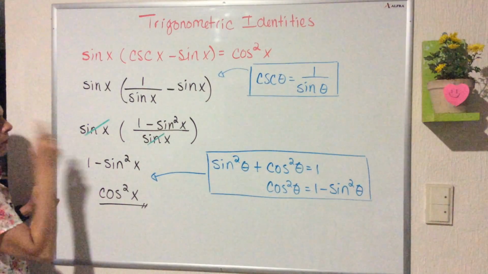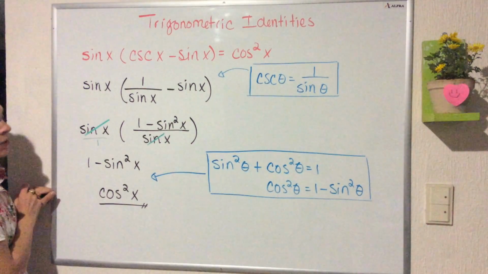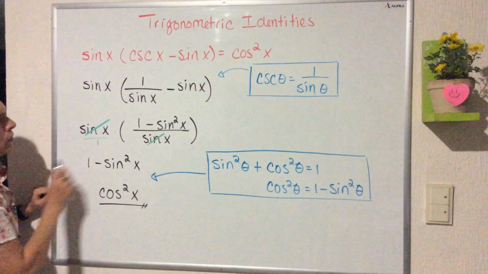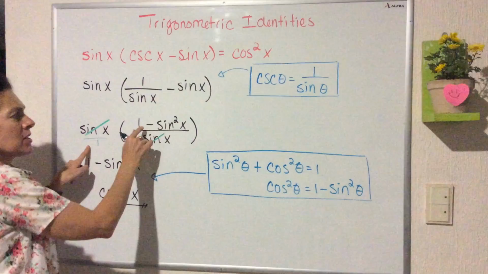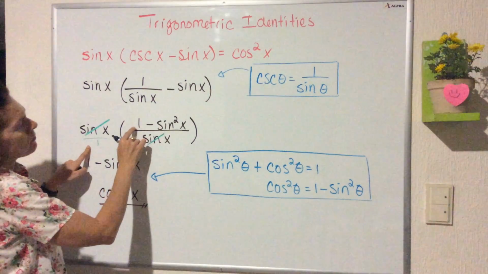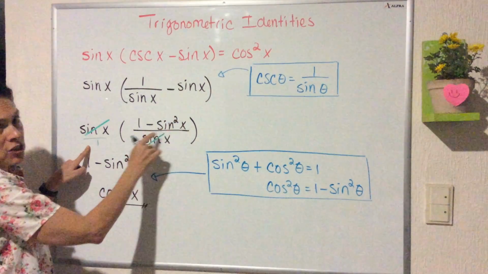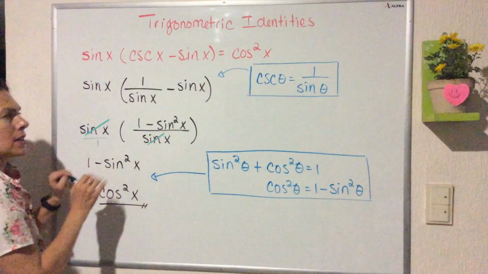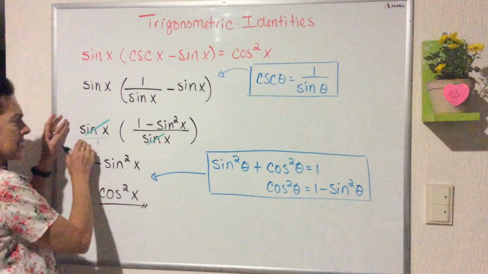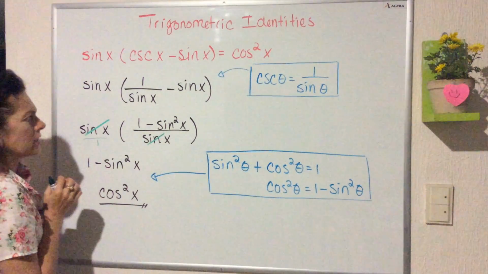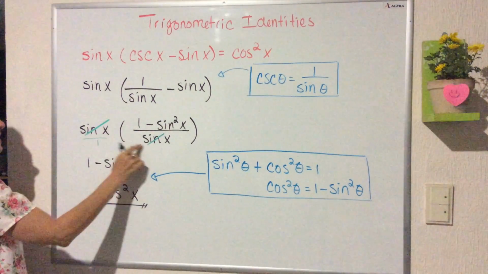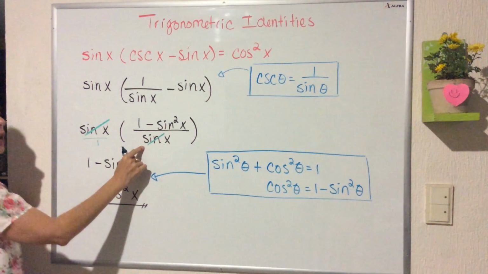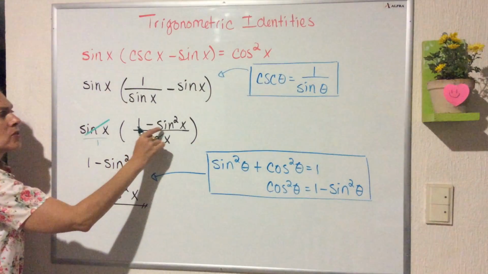Okay, and remember that we have a number 1 here as a denominator, but we are not going to cancel this one with this one, because this one is part of this subtraction. Okay, so we cannot cancel this just when they are multiplying, as in this case. Okay, don't forget.